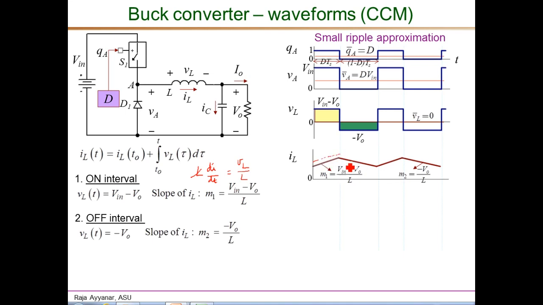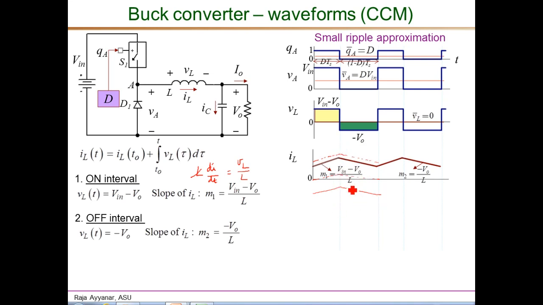For example, this is also a possible waveform for the inductor current. So is this, starting from 0, going up with the same slope, coming down with the same slope. In fact, it can also be negative, but will be rising during the on interval and falling during the off interval. All of these are valid waveforms.